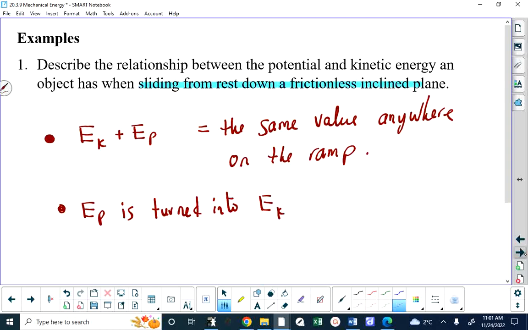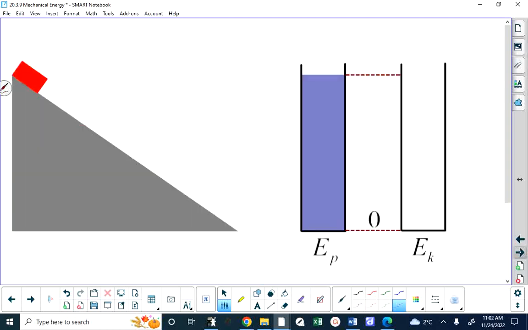It's happening gradually. And even this illustration I'm going to give you, I think it's next, is a series of snapshots in time. Here's the red box at the top of the ramp, and it's just being held there, ready to be released. So all of the energy in the system is potential, and there's no kinetic.